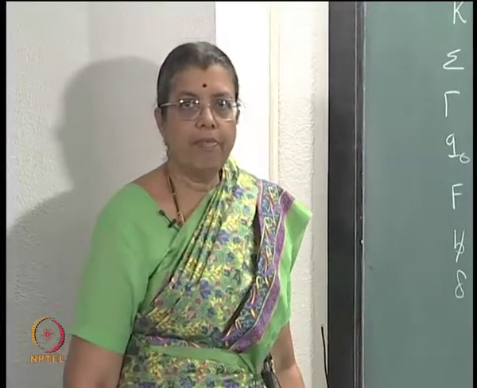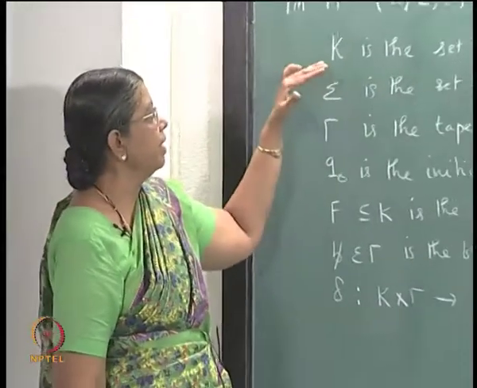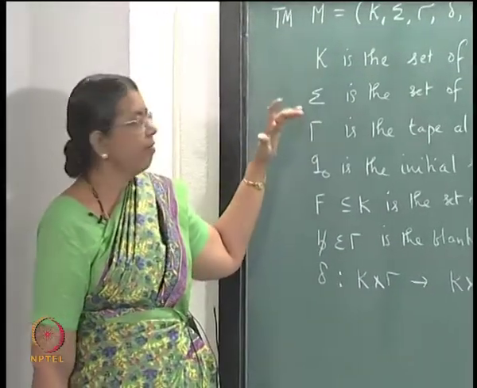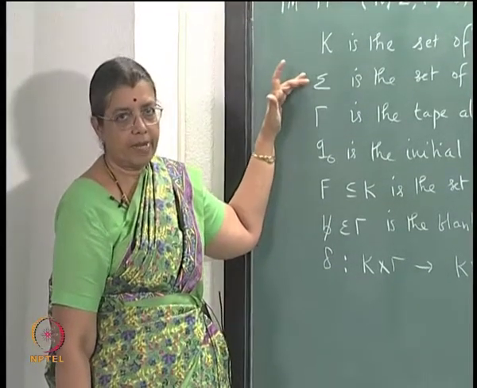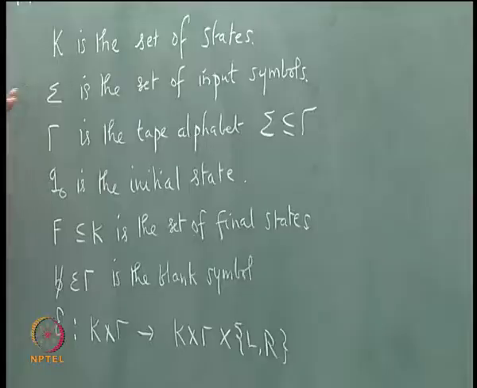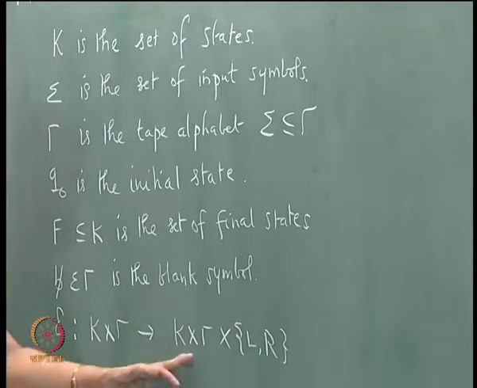So, in a formal way, we denote the Turing machine by these 7 tuple with set of states, tape alphabet, a portion of it being the input alphabet, q naught the initial state, F contained in K the set of final states, and one symbol in gamma denoted as the blank symbol, and delta a mapping from K cross gamma into K cross gamma cross {L, R}.